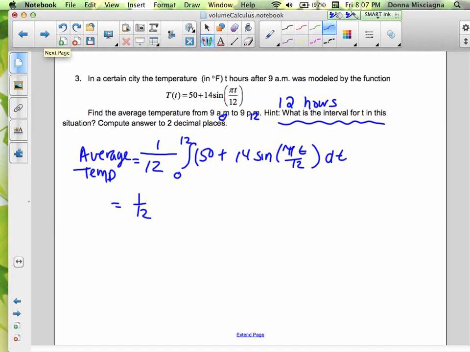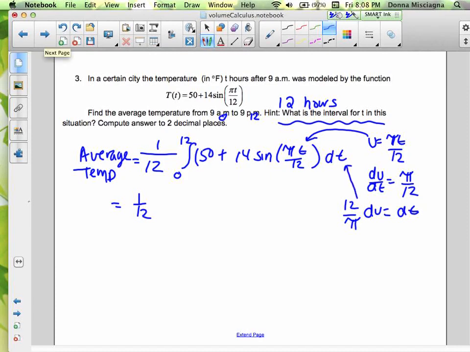So u is equal to pi t divided by 12, du dt would be pi 12ths. So du, I should say 12 divided by pi du is going to be equal to dt. So that will replace dt, and this will replace that, and then we'll be able to integrate.